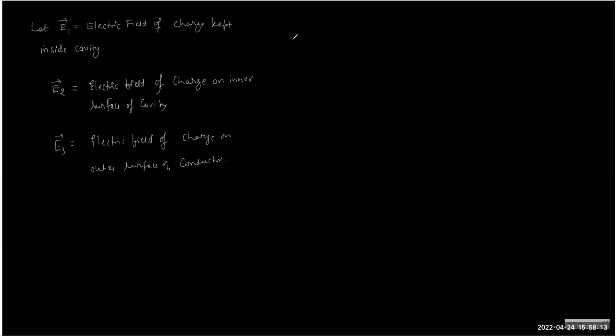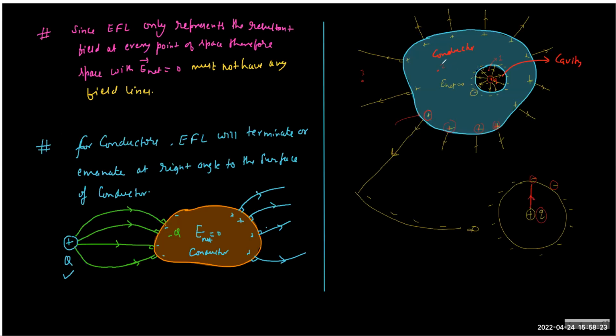So if I talk about point one, which is the point within the cavity, what I'm saying is that at point one, in fact, E3 will have no role to play.